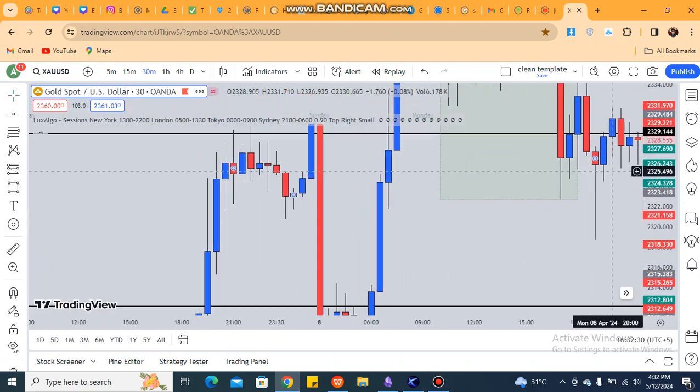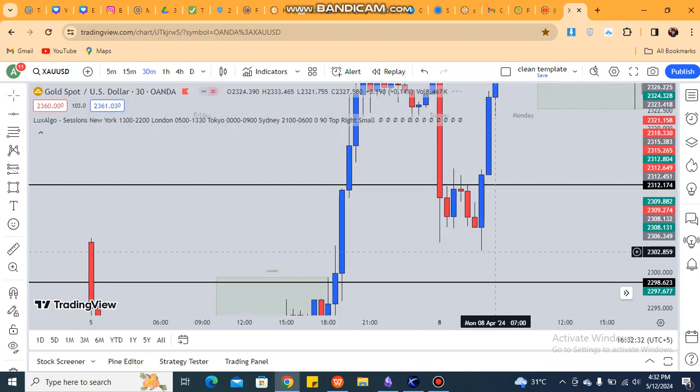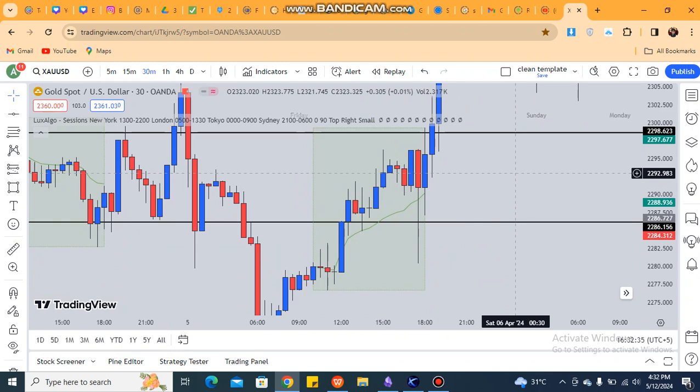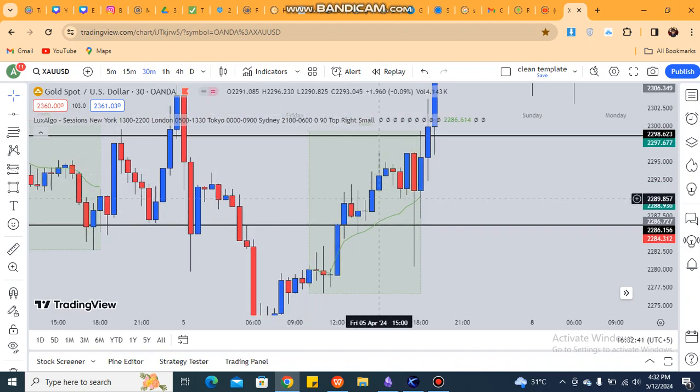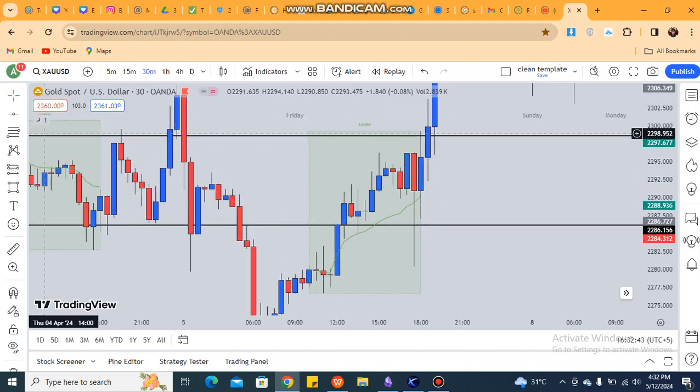For example, because I mostly trade on pre-London and London Open, I have my zone marked here, my indicator marked here, Lux Algo, you can find it.